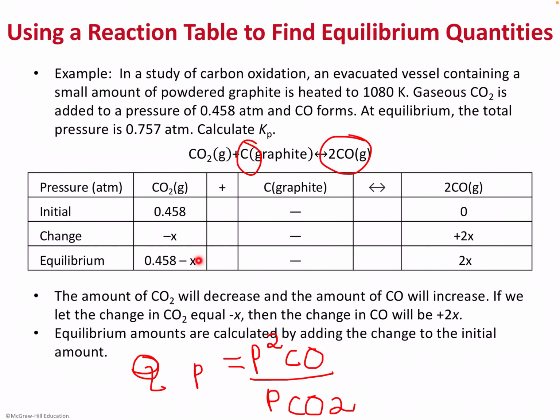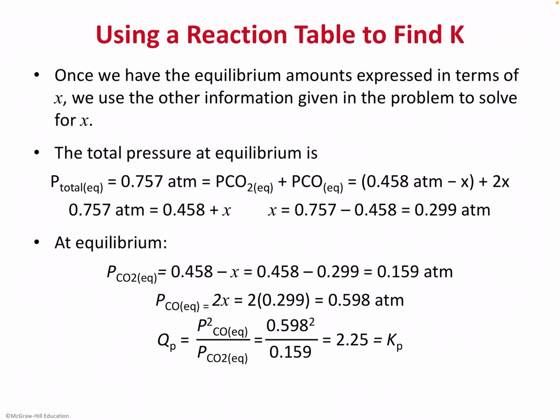Now to find the Kp, we need the partial pressures. Carbon dioxide is 0.458 minus x, which is 0.458 minus 0.299, equals 0.159.